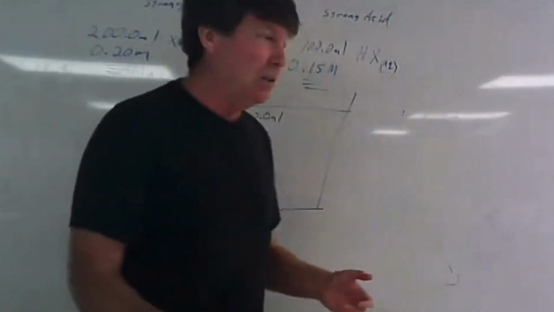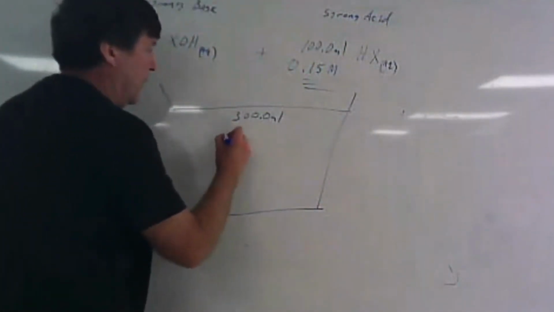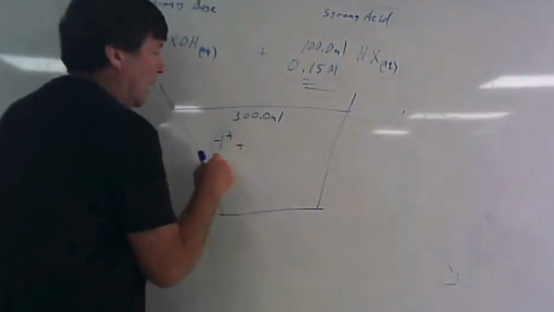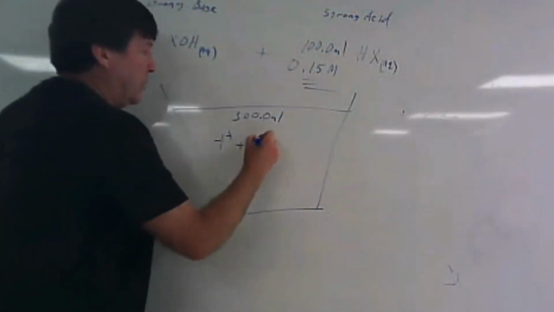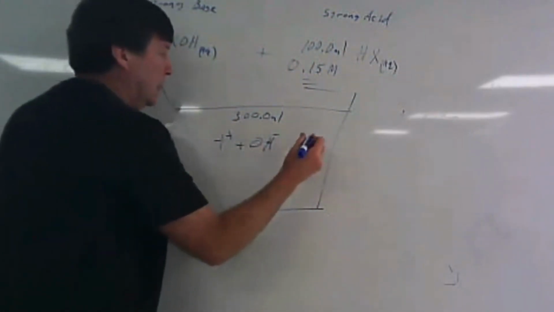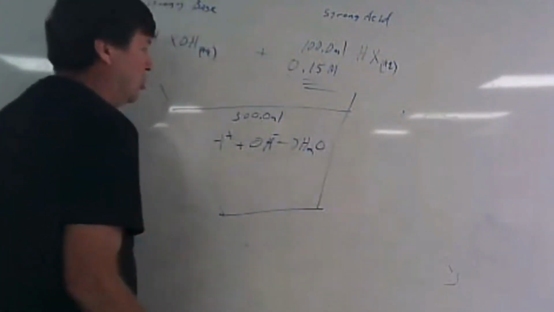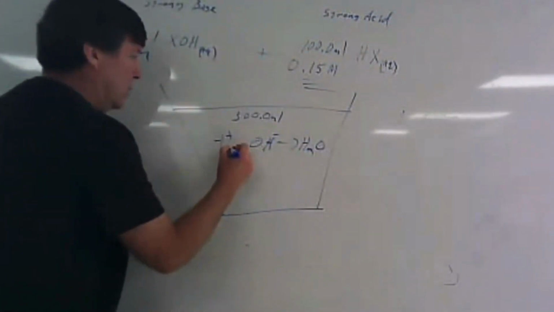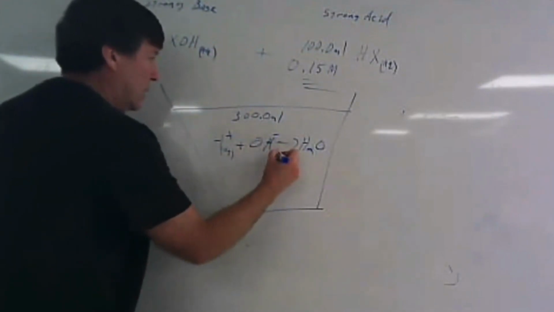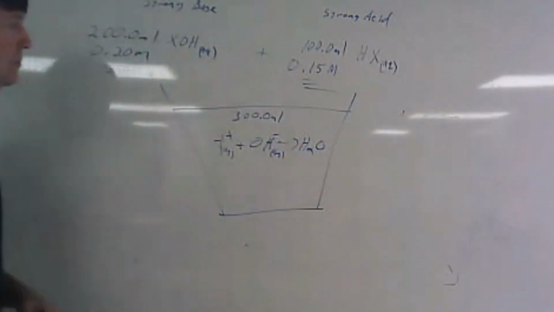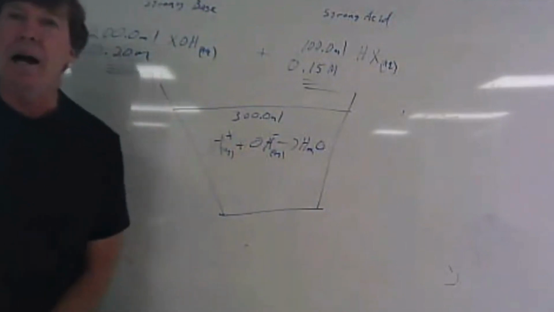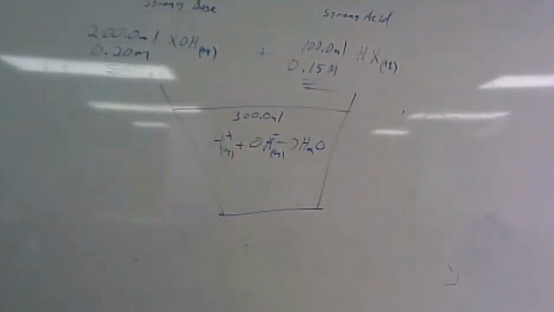I'll put H positive first. So hydrogen ions plus hydroxide ions yield H2O, aqueous. There's the net ionic. What are the spectator ions?